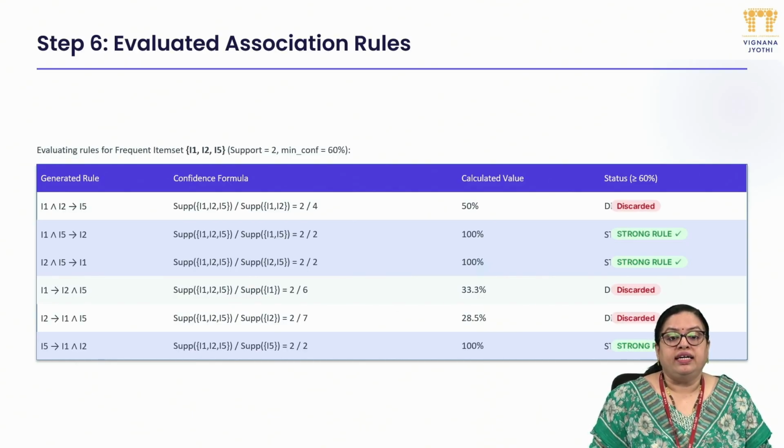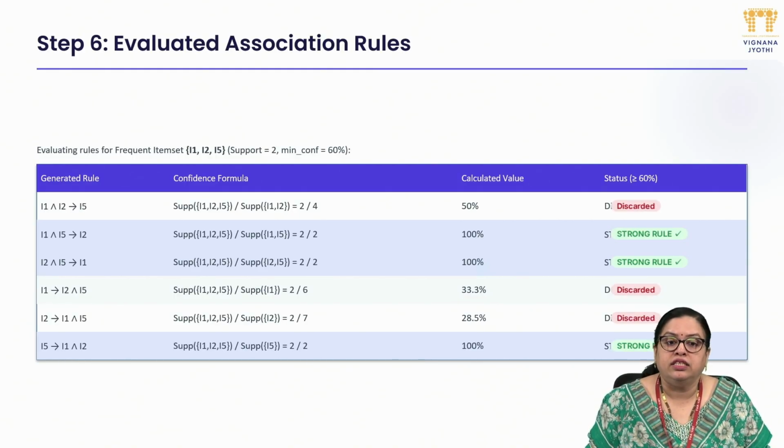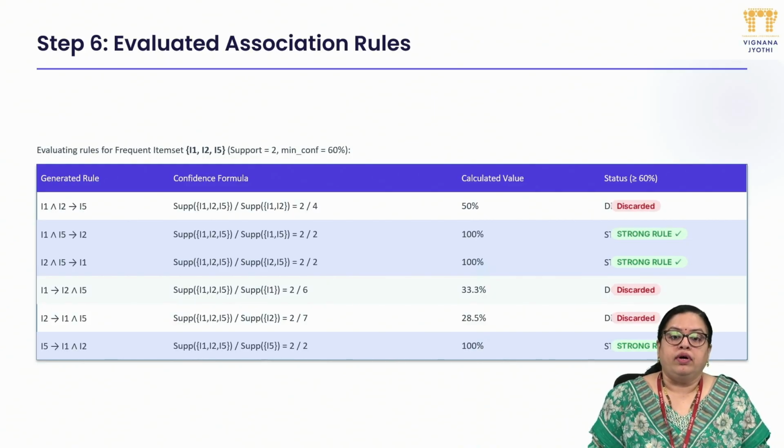The top is the support of the combination of all. That means A is 1 and 5, and A union B is 1, 2 and 5. So the final value is the support of 1, 5 combined, which is 2, and the support of 1, 2, 5, which is already written in the previous step, which is 2. So 2 divided by 2 equals 100%.